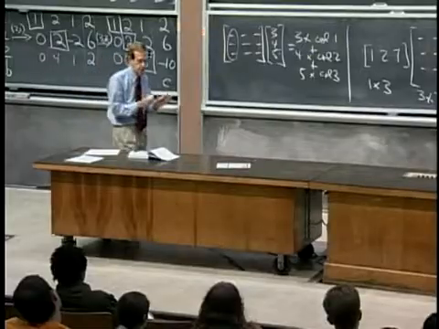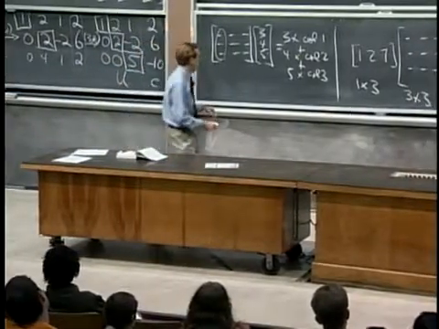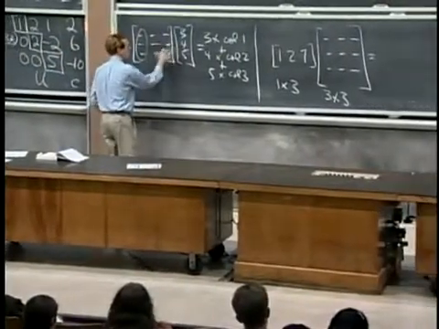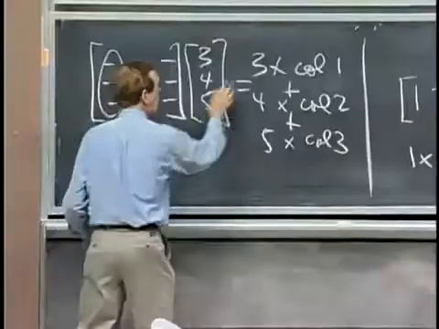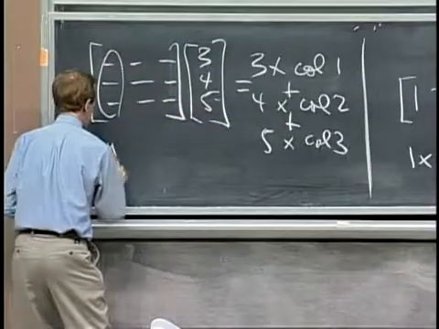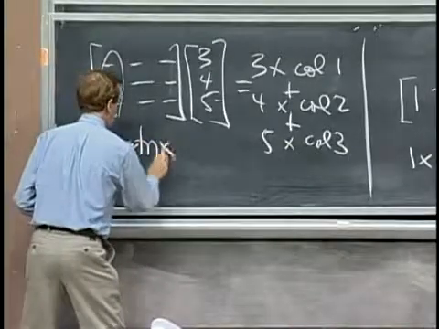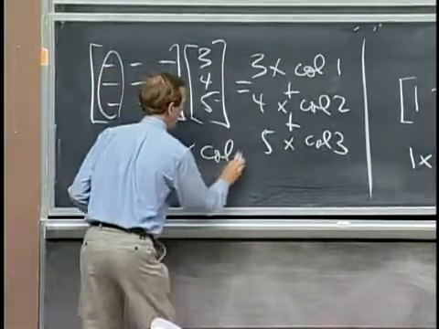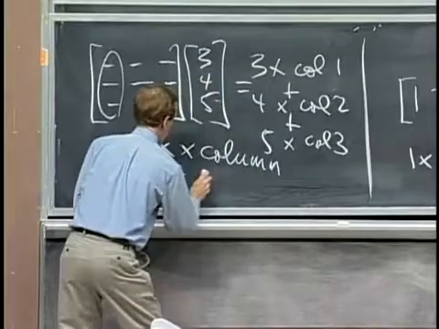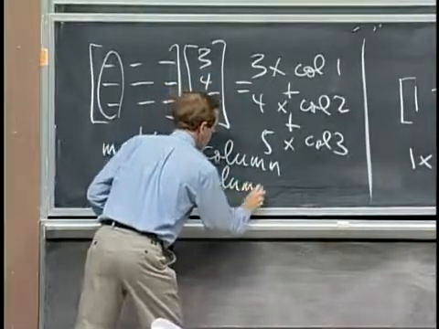A matrix times a column is a column, and we know what column it is.